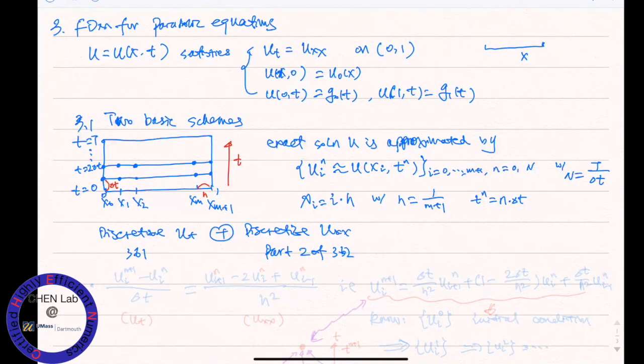So we put those two things together, and we have a scheme for the parabolic equation. The first of the two basic schemes, the most straightforward, is forward Euler in time, that's the D plus for u sub t.